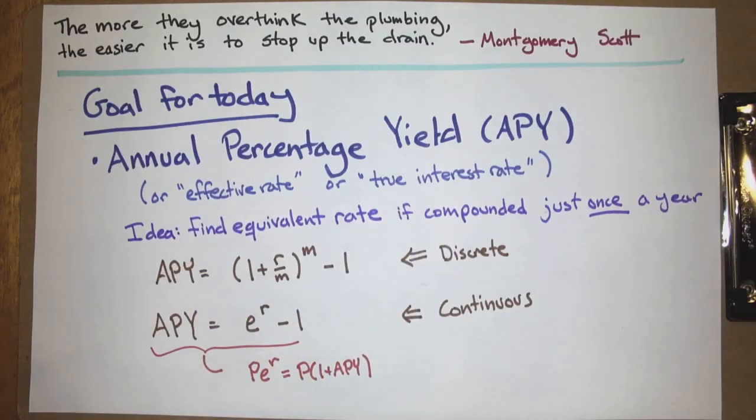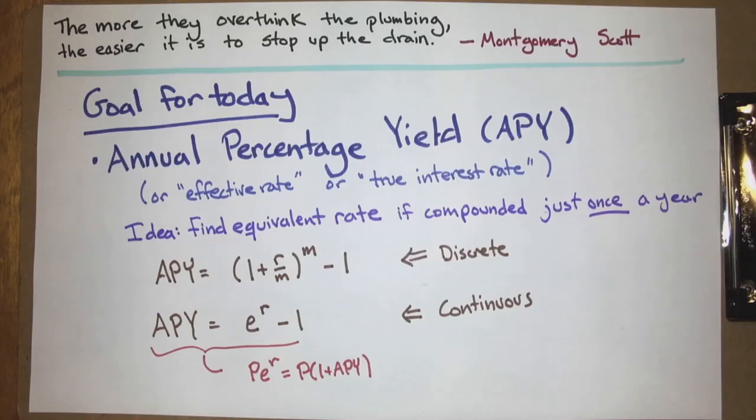The idea is, imagine that instead of being compounded twice a year, 4 times a year, continuously, whatever, it's compounded just once per year. What's the equivalent interest rate I'd have to get if I was compounding just once a year? And so how do you find these? Well, there are formulas for these.